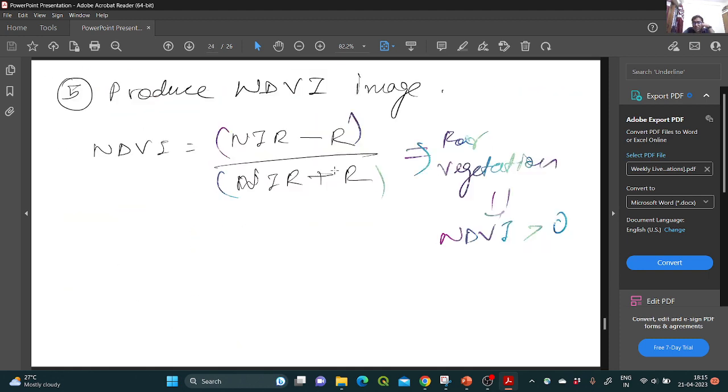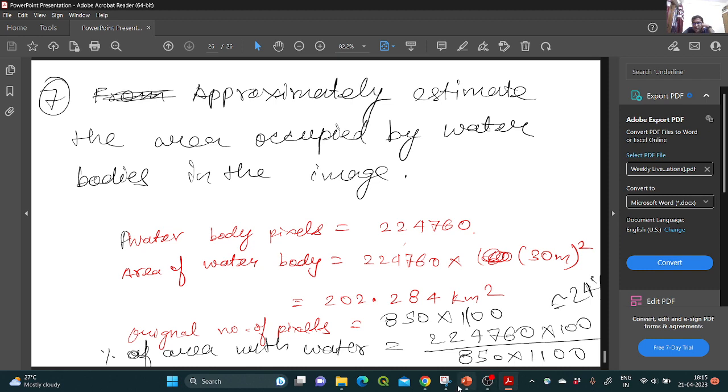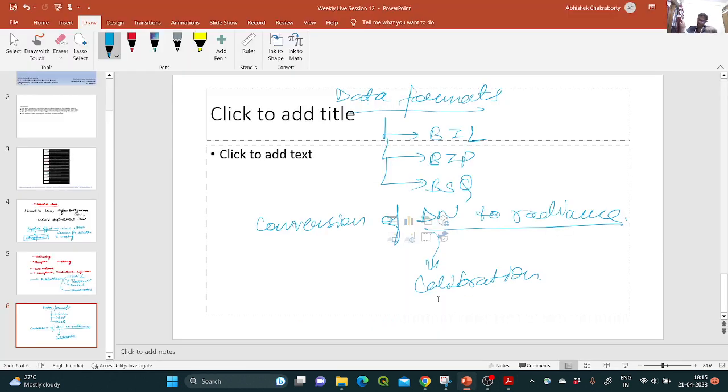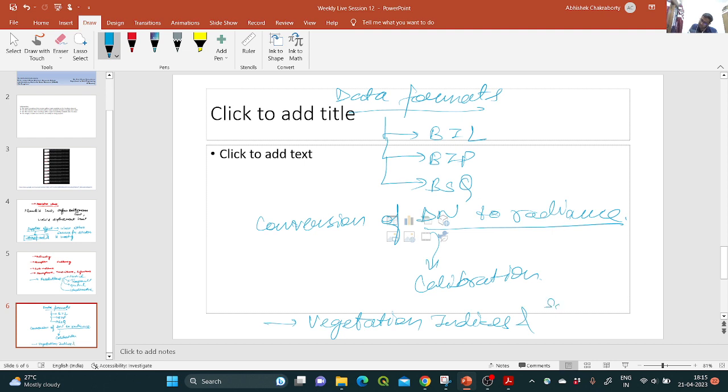That is what we actually understood in this part. So let me write it down. Vegetation indices and spectral reflectance features. That is what we learned in this part.